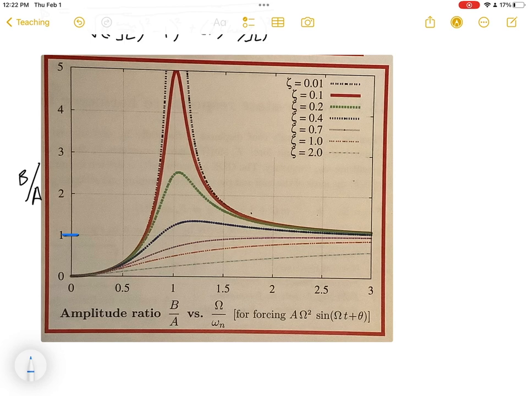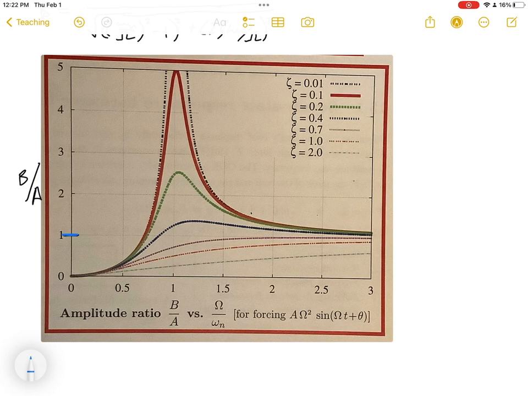When B over A is greater than 1, that means that the output is bigger than the input, which is interesting for when we're talking about a building that is maybe experiencing an earthquake, or the Tacoma Narrows Bridge. They were operating in that regime where B over A is greater than 1. If B over A is less than 1, you're getting vibration suppression. There's an input, and the output is smaller than that input.